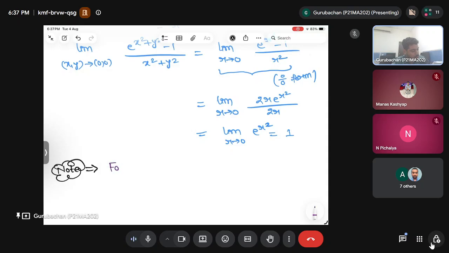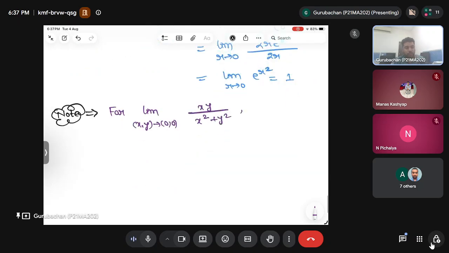So here we just want to say, consider the limit of (x, y) tending to (0, 0) of xy divided by x square plus y square. Again if you use polar coordinates, what will you get? Tell me quickly.